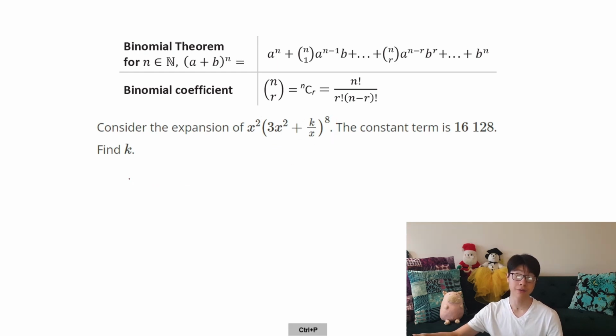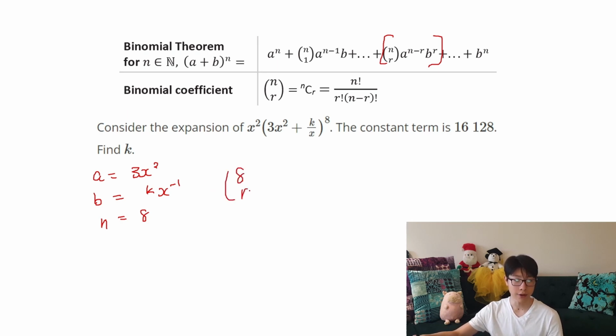Let's identify our 3 terms first. Our a term will be 3x squared, our b term will be k on x, and for the sake of it, I'm going to write kx to the negative 1, that's the same thing, and our n will be 8. Now if we copy out this general formula for one of our terms in our binomial expansion, it will simply be 8 choose r multiplied by a, which is 3x squared.